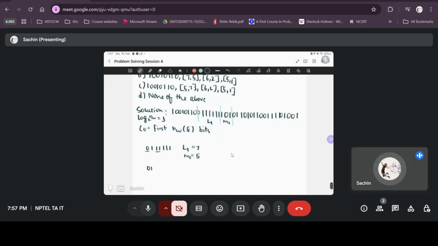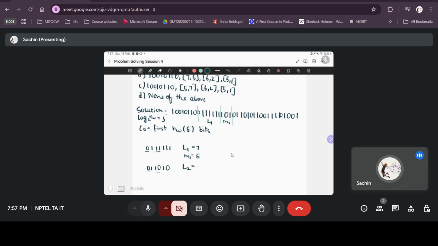Next you have 0 1, which means the next two bits represent the length of L. So 1 0 represents the length of L. That is, 2 is the length of L. So L is 1 0.